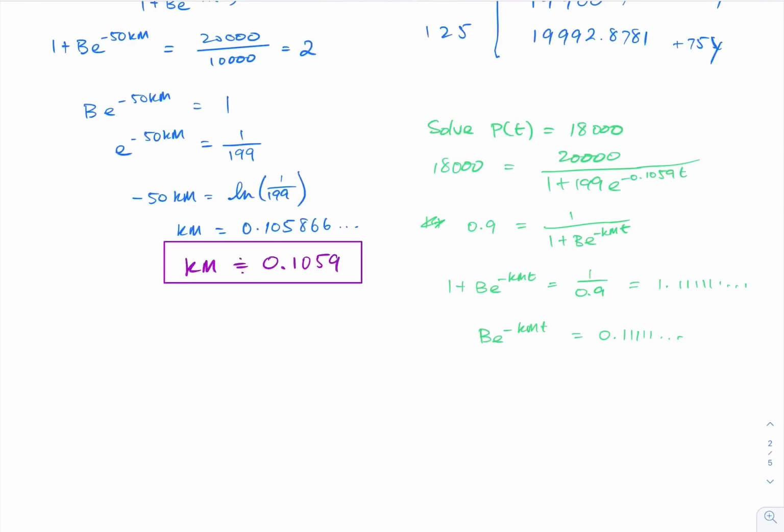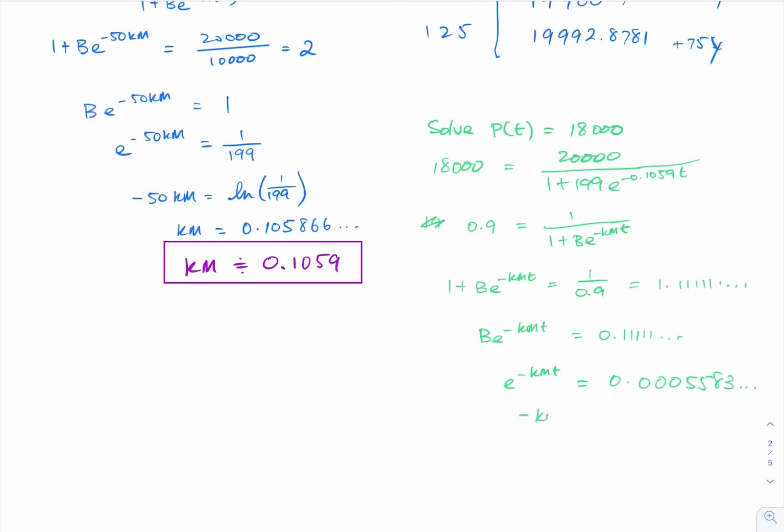And we're trying to get t out of this, aren't we? So we can divide by b. This is all just normal stuff now, isn't it? If we divide by b, we're dividing by 199. Then we have 0.0005583, and on it goes.